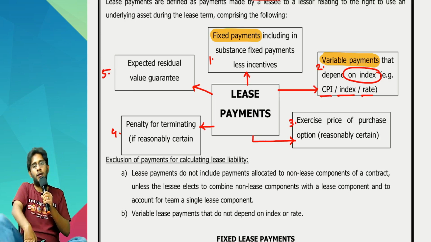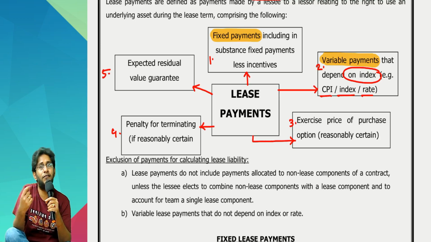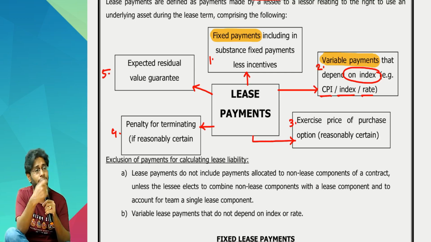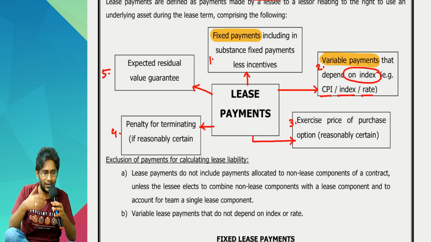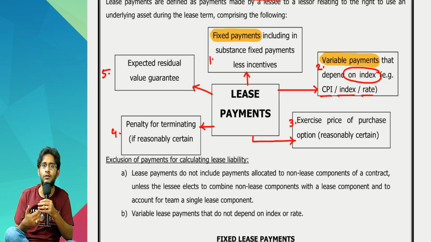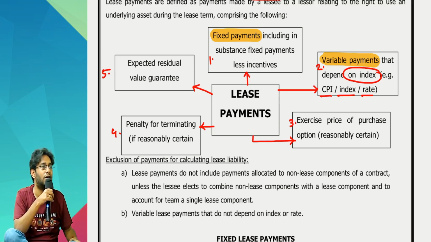Example: the lessor tells me that on every sale I make, I have to pay 5 rupees to him. Apart from the fixed payment, on every sale I make, I have to pay 5 rupees to that fellow. I agreed. So is it a lease payment? The answer is yes, in general talk. That is what the lessee pays to the lessor, but it does not satisfy the lease payment definition as given under Ind AS 116.